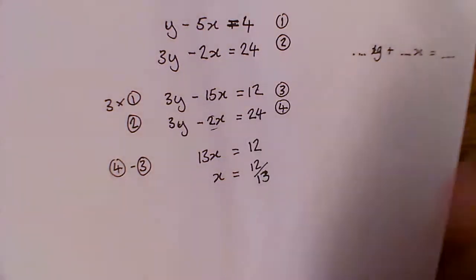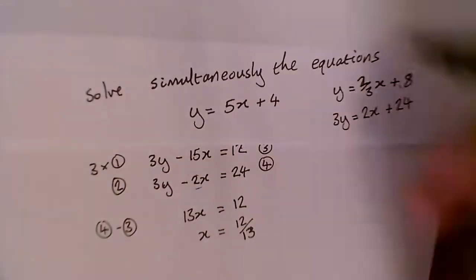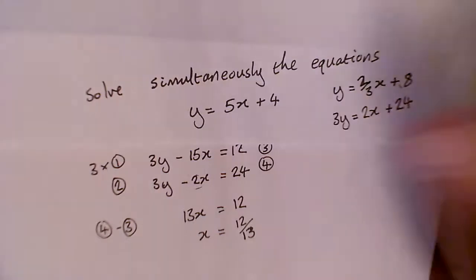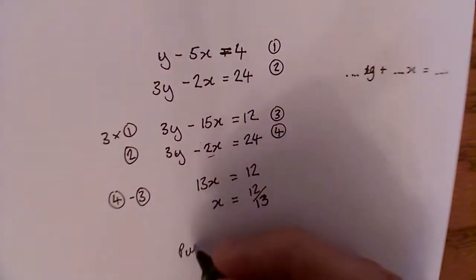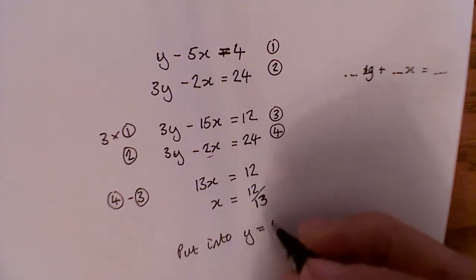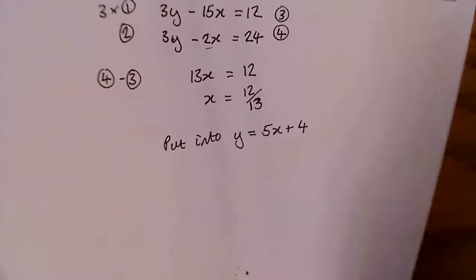You can choose where you put that back into. Like we did with the previous example, I would pick the simplest equation we have, which is that one with y equals something. That's probably going to make our life easier. So I'm going to put it into y equals 5x plus 4. And now we can do that.